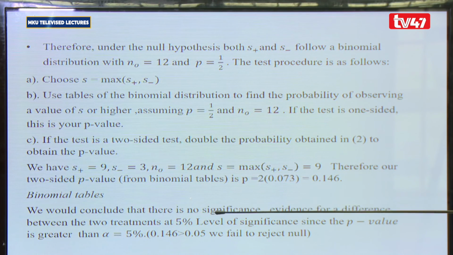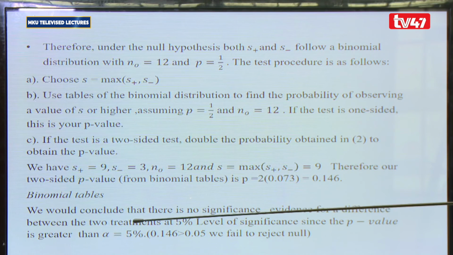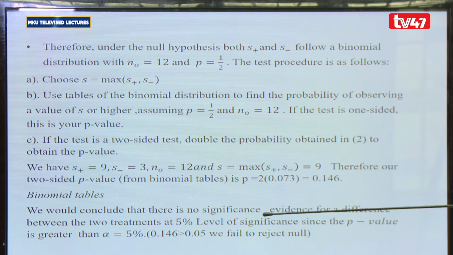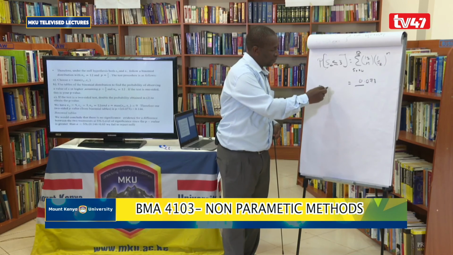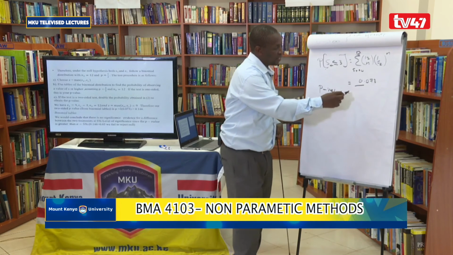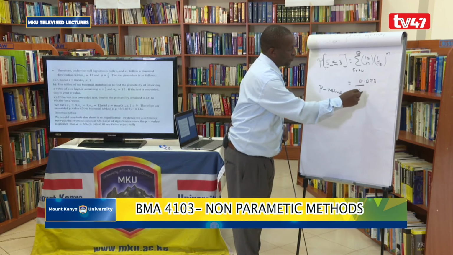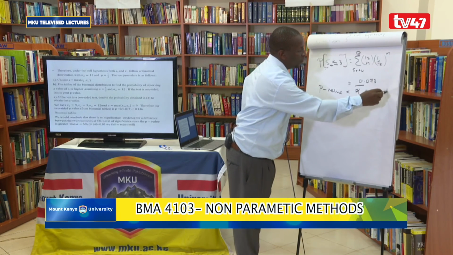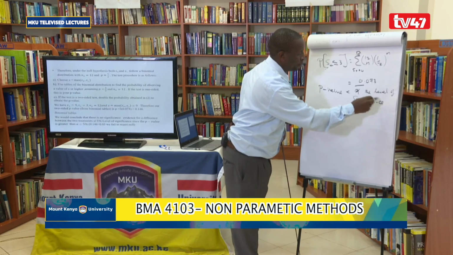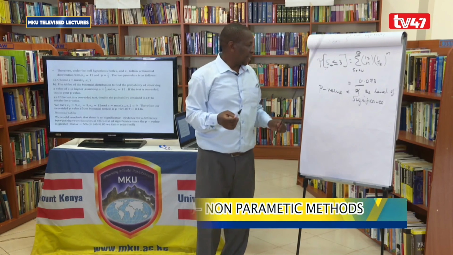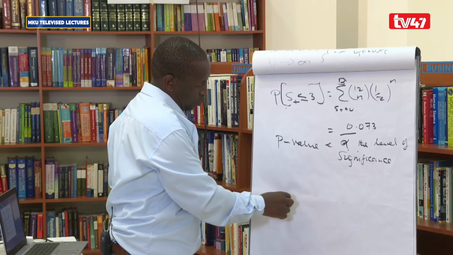We would conclude that there is no evidence for a difference between the treatments at the 5% level of significance, since the p-value is greater than 5%. Usually, the rejection criterion is that if the p-value is less than alpha, the level of significance, then we reject. Why do we reject?